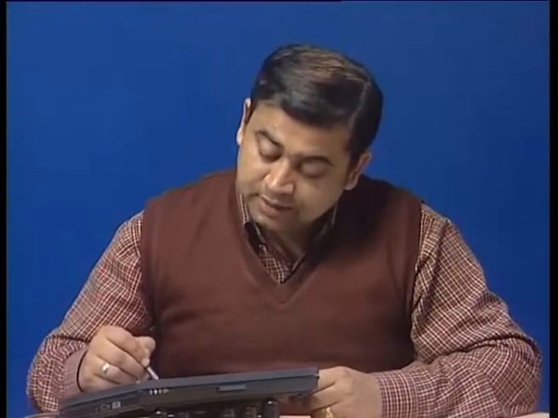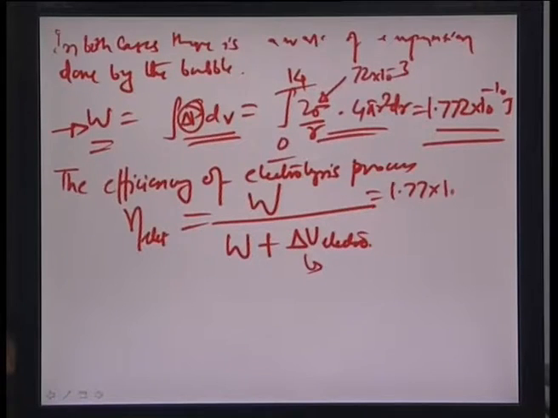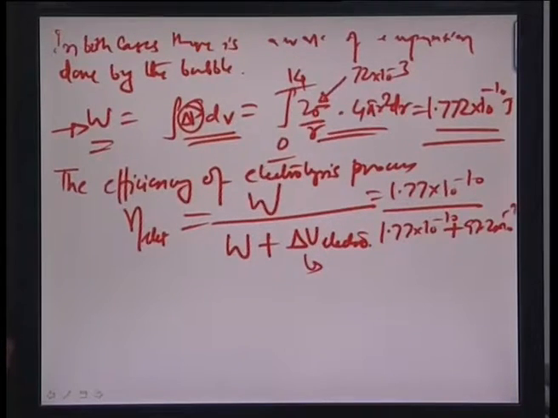So this comes out to be equal to 1.77 times 10 to the power minus 10 divided by 1.77 times 10 to the power minus 10 plus 97.2 times 10 to the power of minus 12.